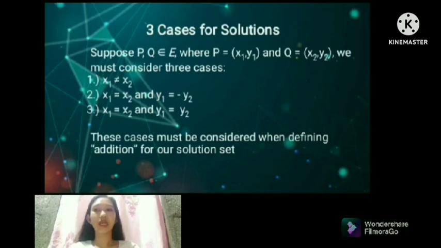Number 2, x1 = x2 and y1 = −y2. Number 3, x1 = x2 and y1 = y2. These cases must be considered when defining addition for our solution set.